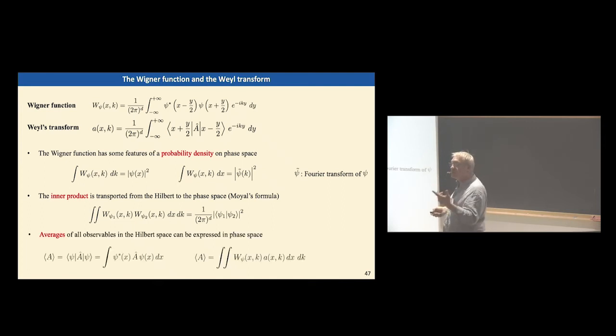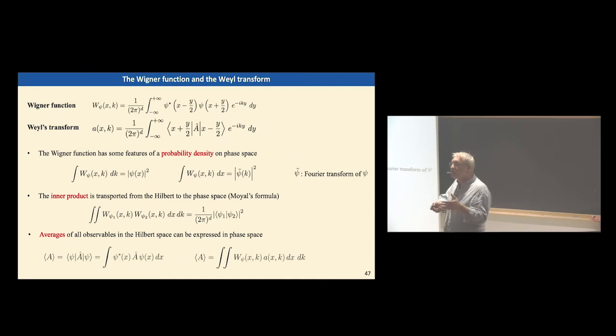And most important, instead of computing a mean in a quantum way by applying the operator of the observable to psi on both sides, you can simply compute the mean as if you were using the function, the Weil transform of the operator.